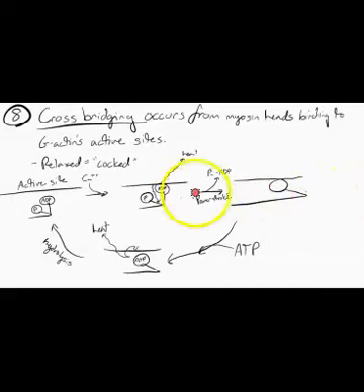And the power stroke goes from the cocked position to the uncocked position, causing the contraction of the overall structure of the muscle. And then once you add ATP back into the system, it binds to the head of the myosin, causing the break and bond.